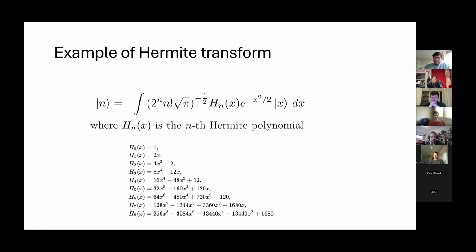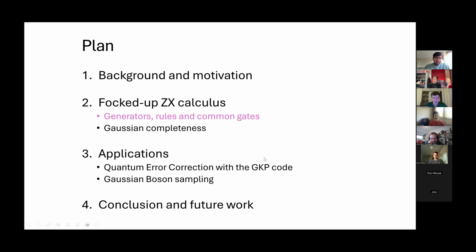That also motivates why we may want to have a nice graphical language to deal with this sort of calculation instead of working with these Hermite polynomials more directly. So, okay, let's start by introducing this graphical calculus.